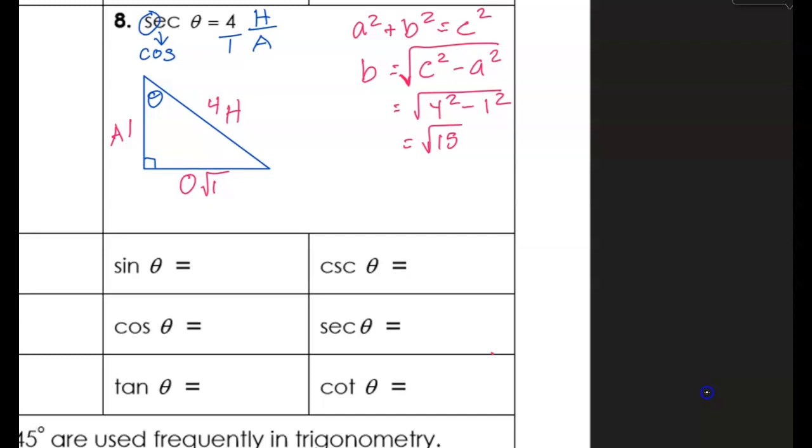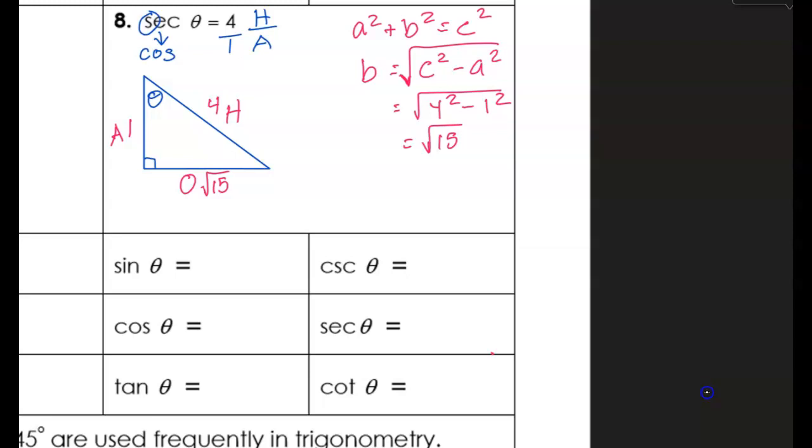Does anyone know, can the square root of 15 be simplified? Is there a perfect square that is a factor of 15? No. 15 is as simplified as it can go. So I leave it just like this.